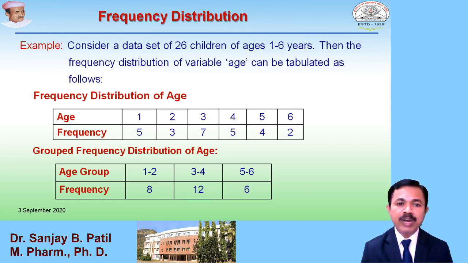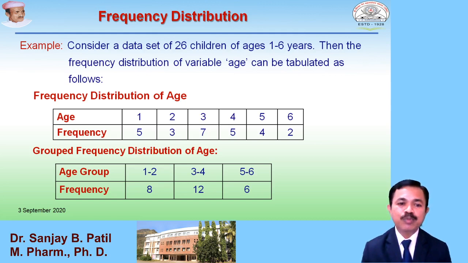But if we have to condense this data in the form of classes or grouped data, then we can prepare the groups or classes as per the steps required. What will be the lower limit and upper limit of each class, how many classes are to be included, accordingly we have to condense the data.